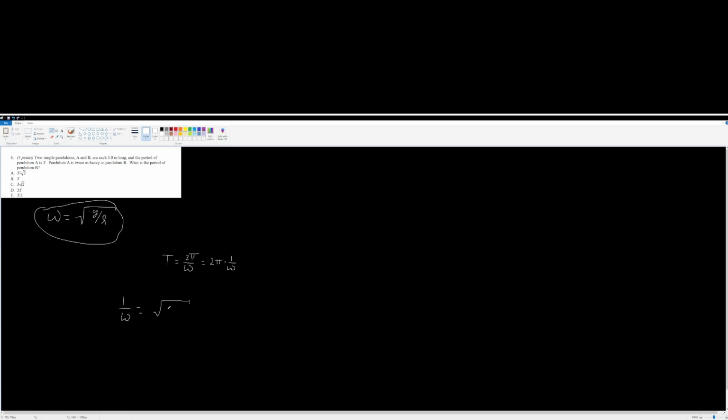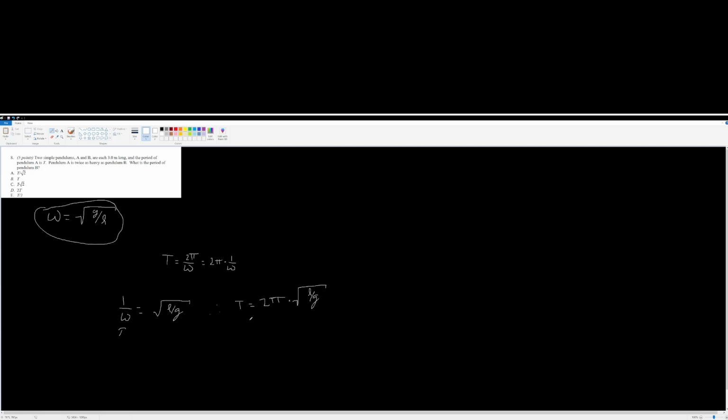It's just the square root of L divided by g. So this means that T is going to equal 2 pi times 1 over omega, which we have here as the square root of L over g.